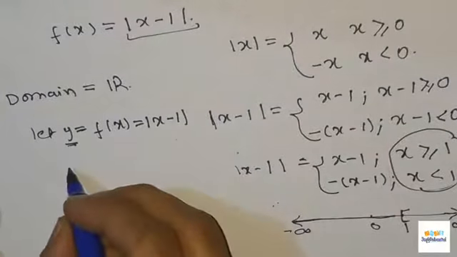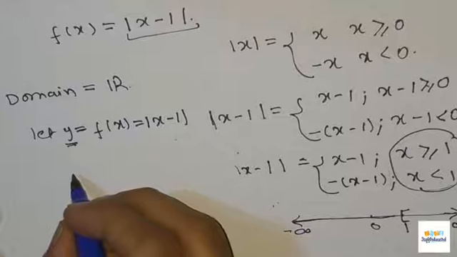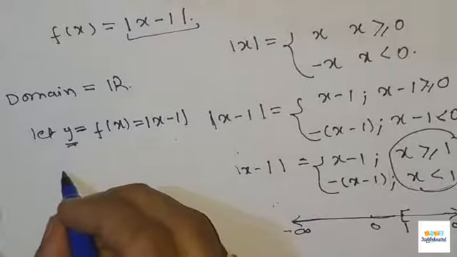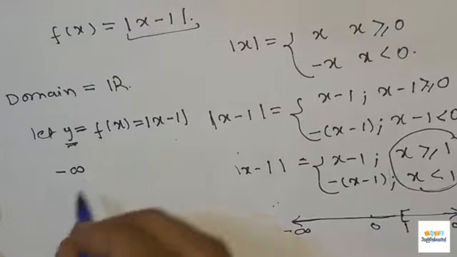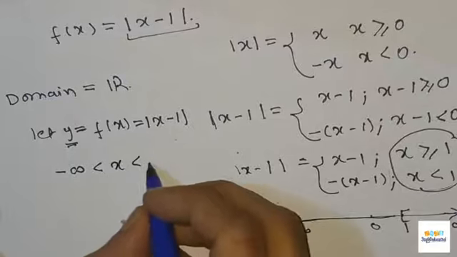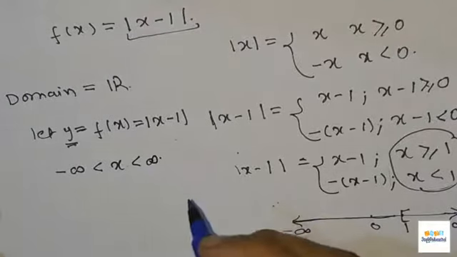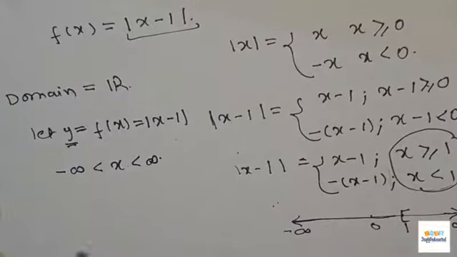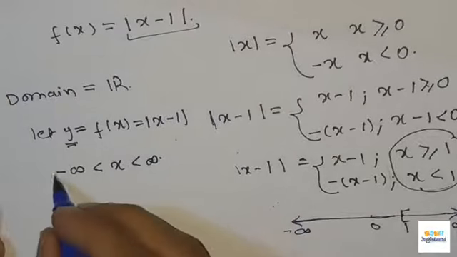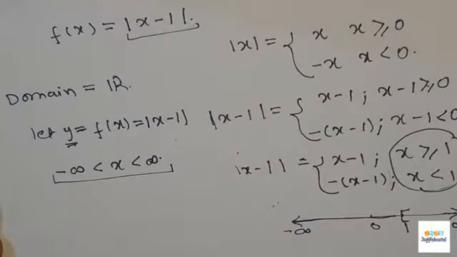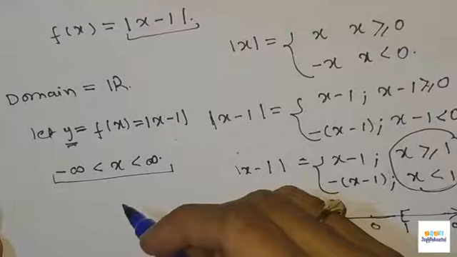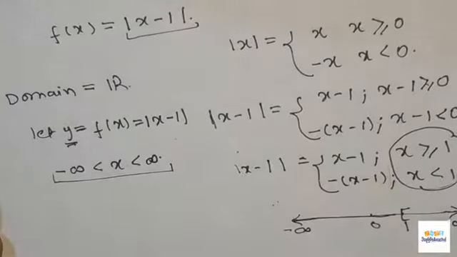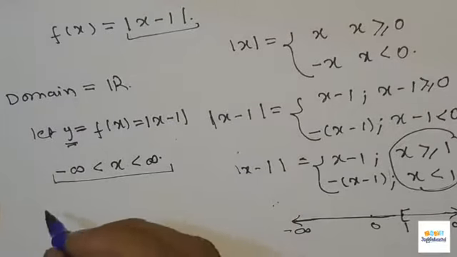Now domain is given as what? Domain is R. So you know that R is minus infinity less than x less than infinity, right? This is the meaning of the set of real numbers. So we have to take the domain as this. Now we are taking it in a different way, but it is the same thing, that is the set of real numbers.